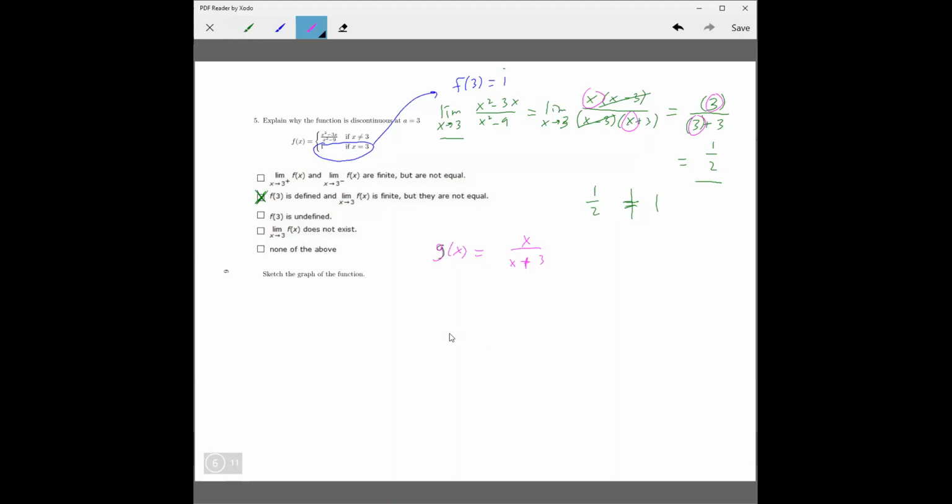Then just put a hole at x equals 3, put a hole in the graph there, and then redefine it to be 1 instead of being 1/2. Then that will do the trick.